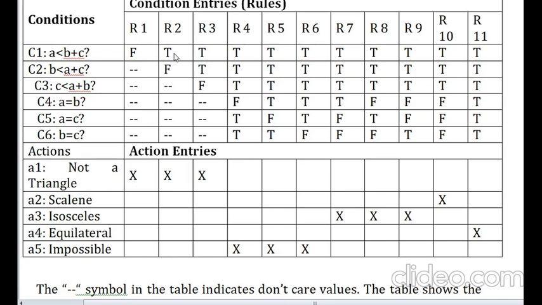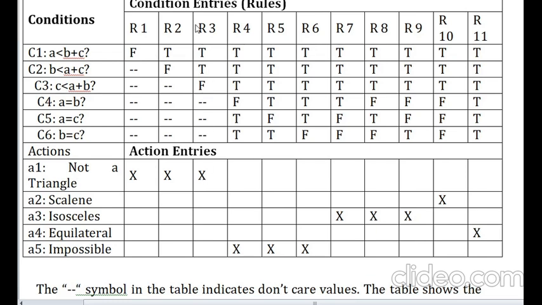Condition 1 is true, that means a less than b plus c is true, but condition 2 is false, that means b less than a plus c is false, so definitely it prints not a triangle. Same as rule number 2, come to R3: conditions 1 and 2 are true, but condition 3, c less than a plus b, is false, so definitely it prints not a triangle.